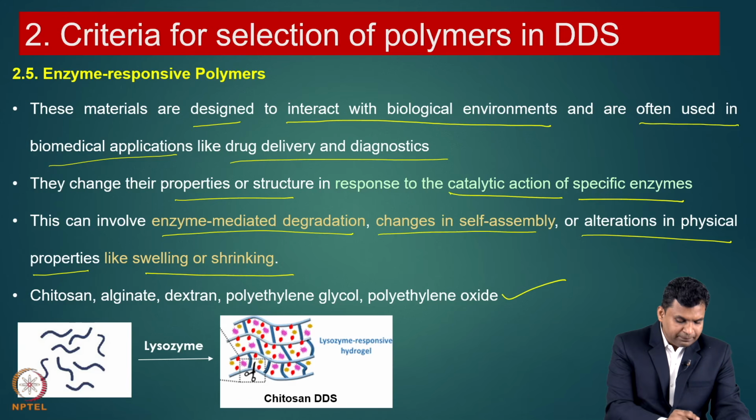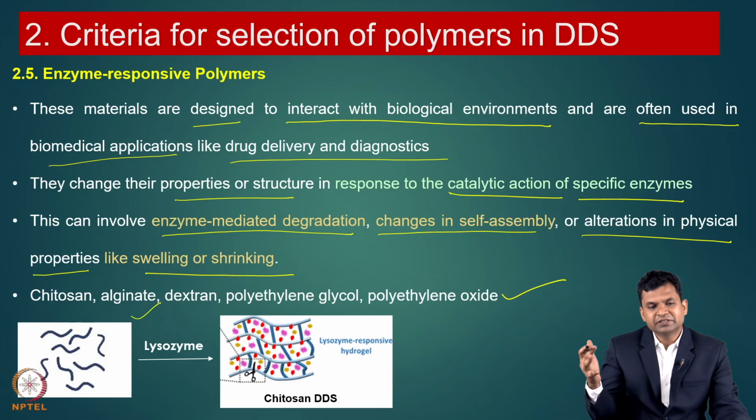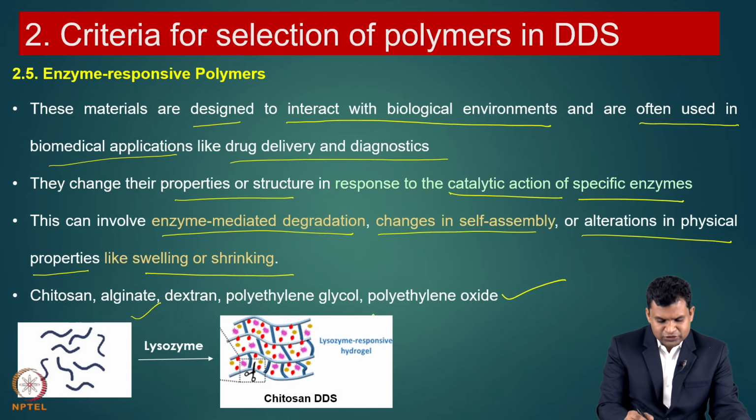Now, when you develop any system with chitosan and convert it into a drug delivery system, after application the lysozymes present in the body will respond and give the stimuli to that carrier system, and consider it is a hydrogel here which is responding with the lysozyme.